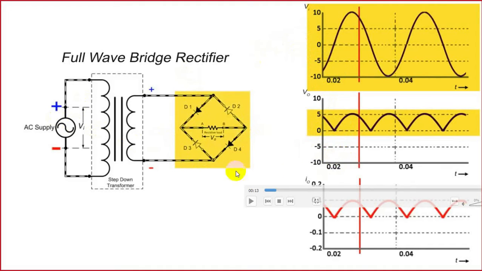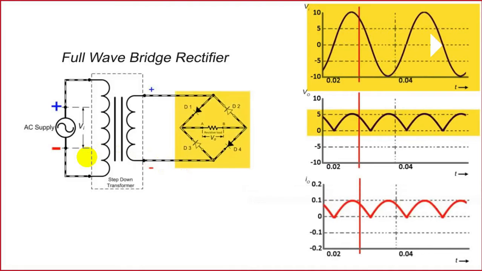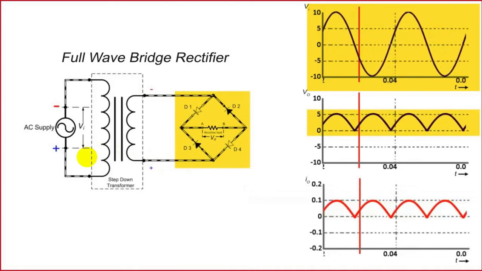Now, look at over here. When it is the negative half cycle, this is negative and this one is positive. In that case, D1 and D4 are reverse biased, so they cannot conduct.